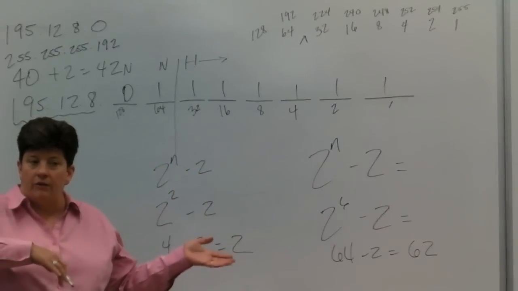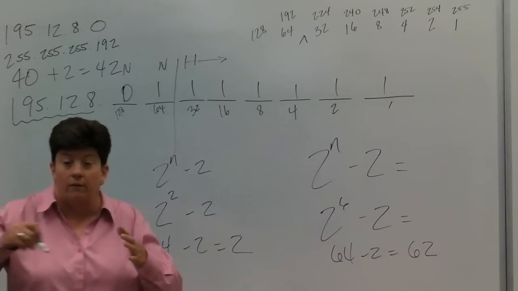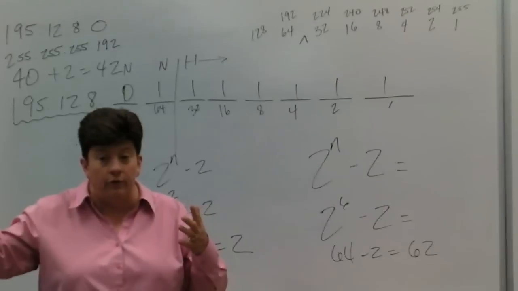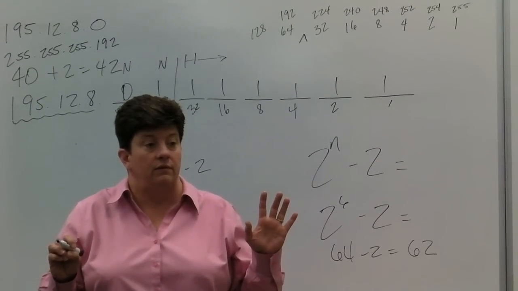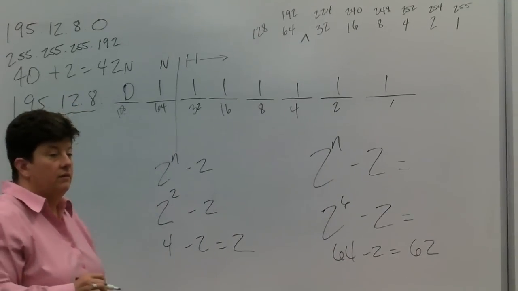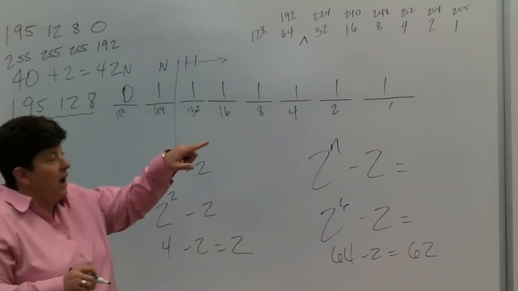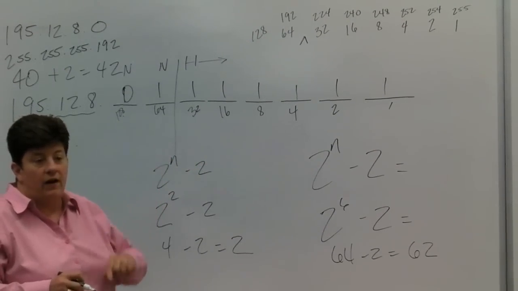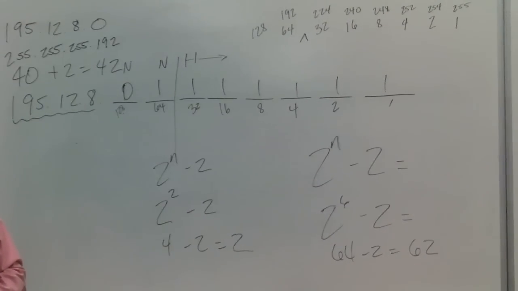Now I know how many bits are in the network side, how many bits are in the host side. 2 to the n minus 2, I can tell you how many hosts you're going to get. Okay? The biggest thing there is to notice, wow, I can't just say 255 for the broadcast side, can I?